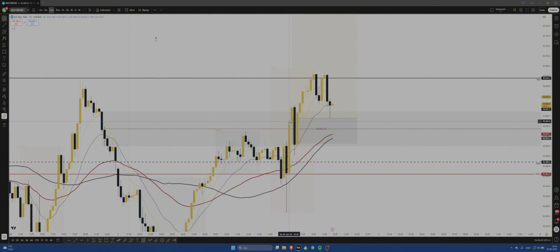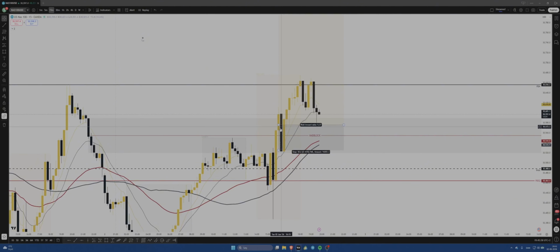We only closed inside the mat block, but my entry candle closed above the mat block, so I was confident that it would continue, but we didn't. So relatively quickly we retraced back into the mat block, and I have a rule to close 50% of the trade when I hit 50% drawdown. So I closed 50% and got taken out by the rest.